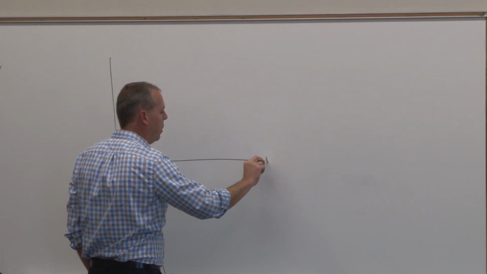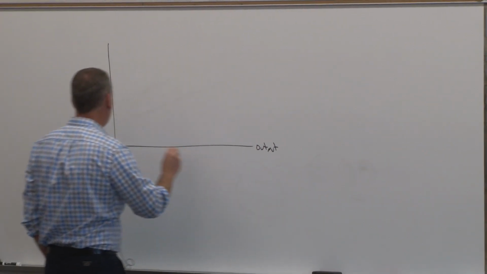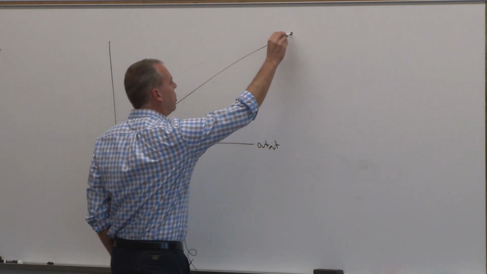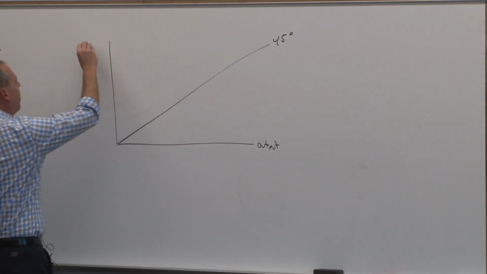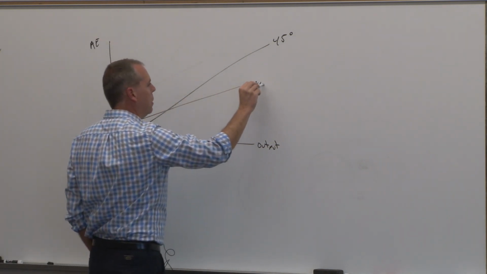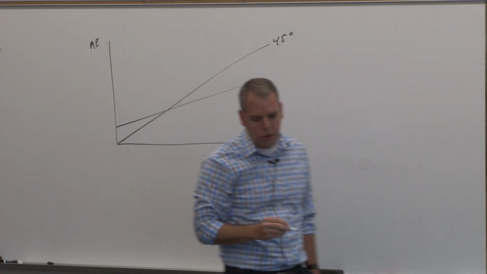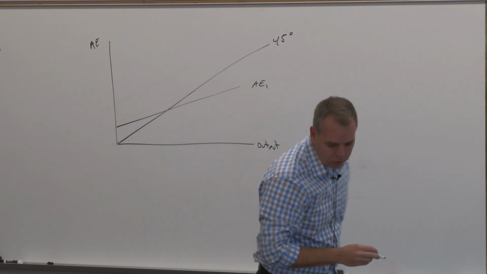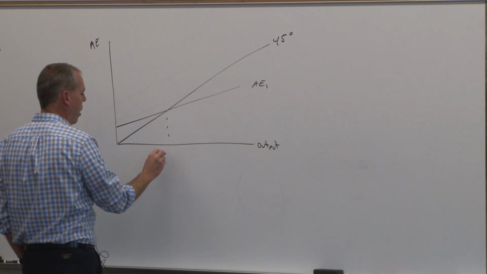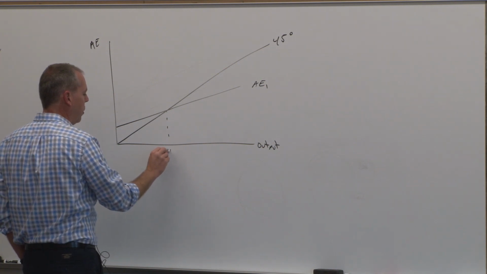So here's our output. Here's our 45-degree line. Here's aggregate expenditures, AE1. Let's assume this is just some number, whatever number we want it to be, 14 trillion.